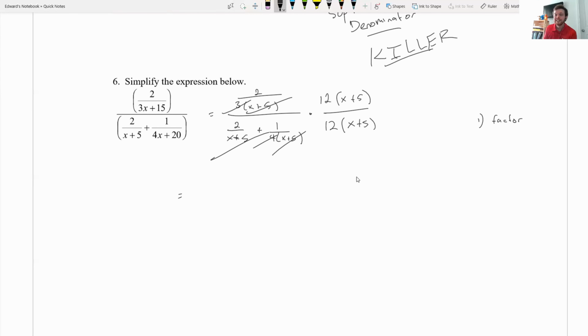So this 3 is going to get rid of the 12 and bring it down to a 4. So we're going to have 4 times 2, which is 8, times x plus 5. Oh, no, the x plus 5 disappeared. It's not even there anymore. The x plus 5 killed that x plus 5. So that became a 4. And over here, the x plus 5 got rid of that. And then this 12 is causing this 4 to become a 3.